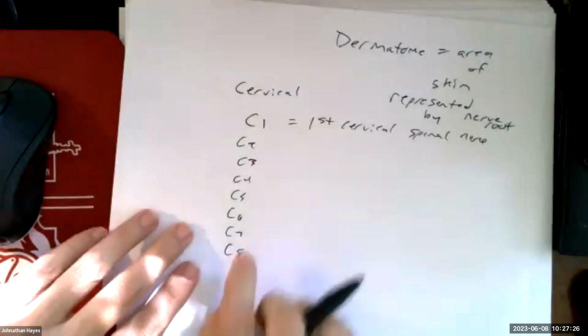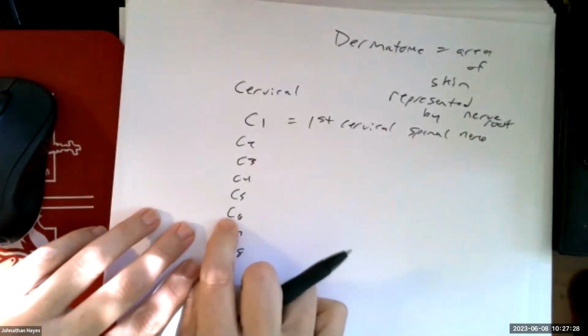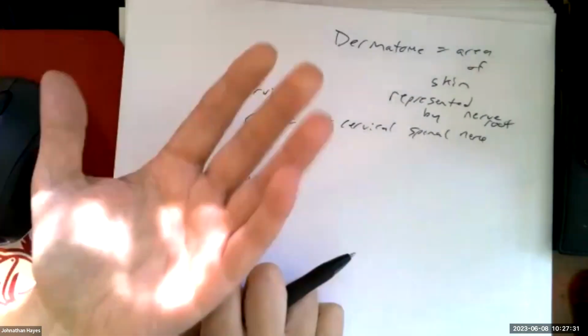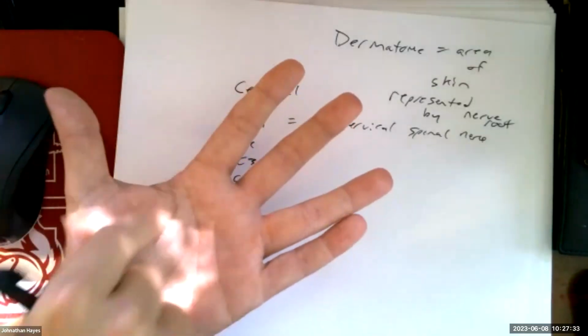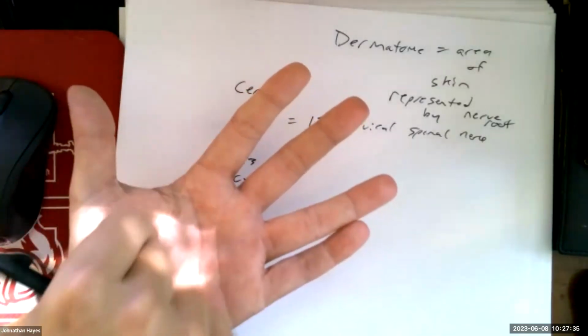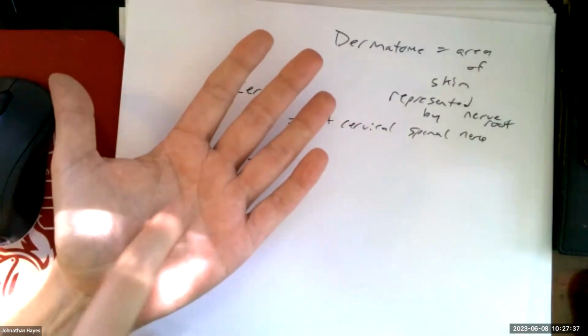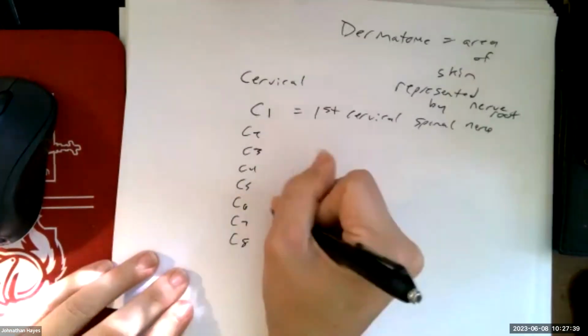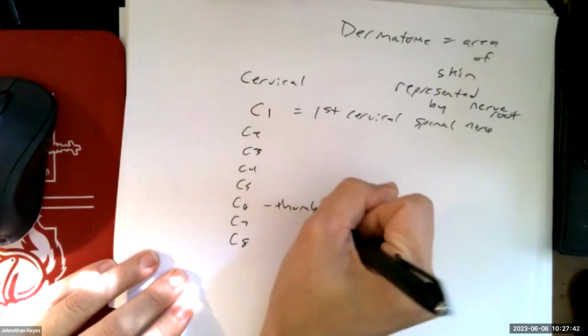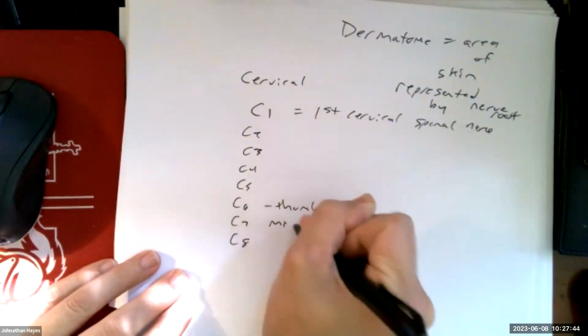And so my C6 spinal nerve, the nerve root for that, is responsible for this. C7 would be responsible for that. So C6, think maybe thumb side of the hand, C7, middle of the hand.